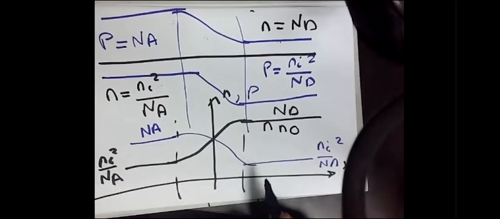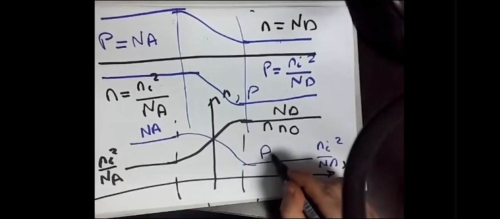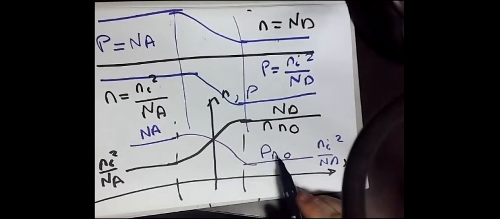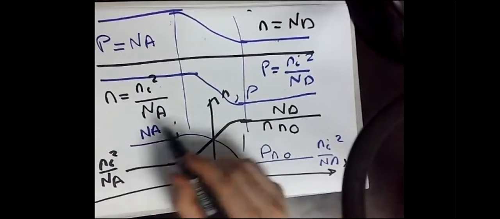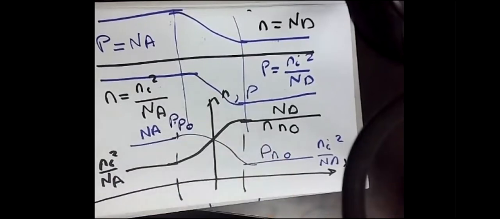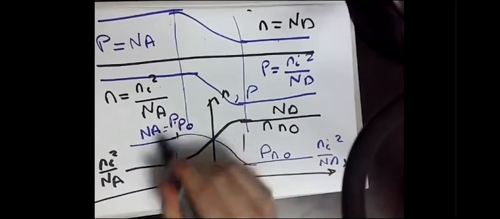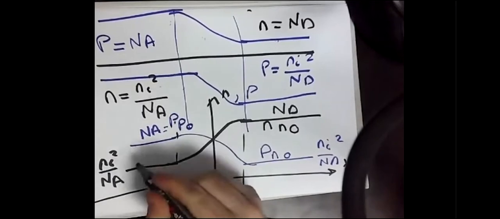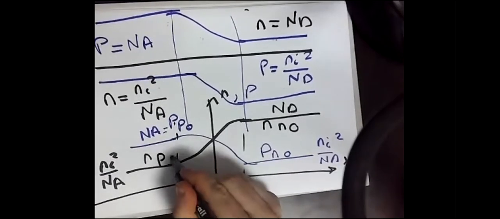This will be called P N node: P because these are holes, and the N region at thermodynamic equilibrium. Similarly, this is called P P node, which is of course equal to Na. And similarly again, this is called N P node.